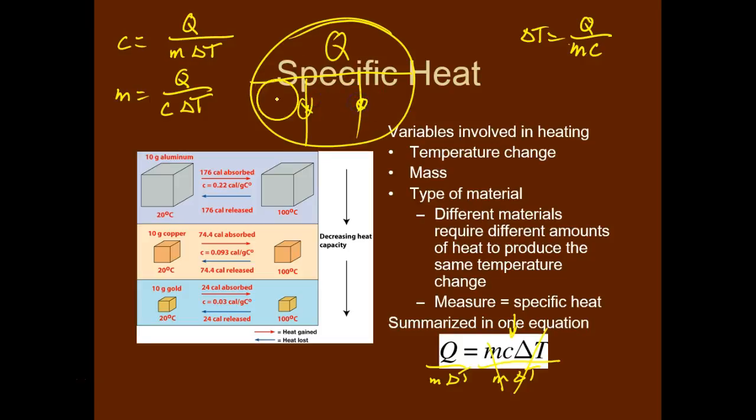You'd have to do that. M, C, delta T. And you see you get them. If you're looking for Q, it's M times C times delta T. If you're looking for M, like we did here, it's Q over C times delta T. If you're looking for C, like we did here, it's Q over M times delta T. And if you're looking for delta T, it's Q over M times C.